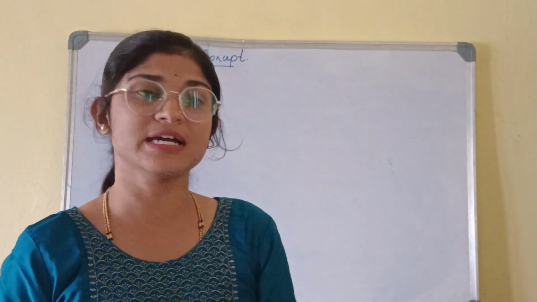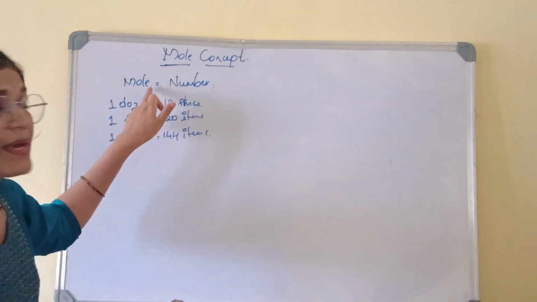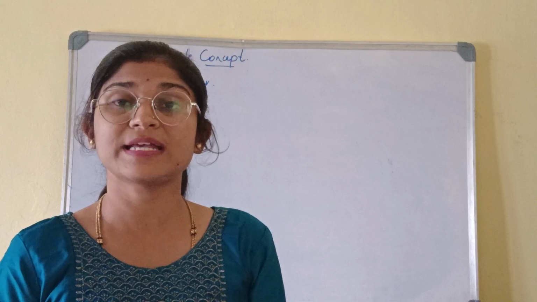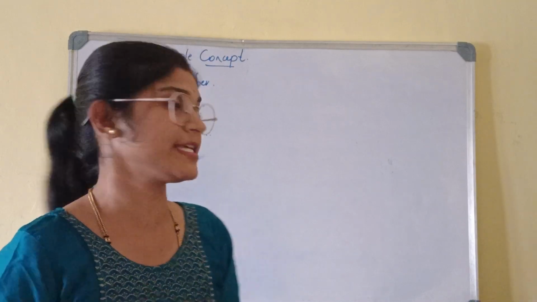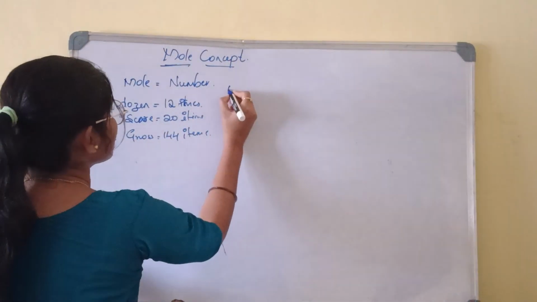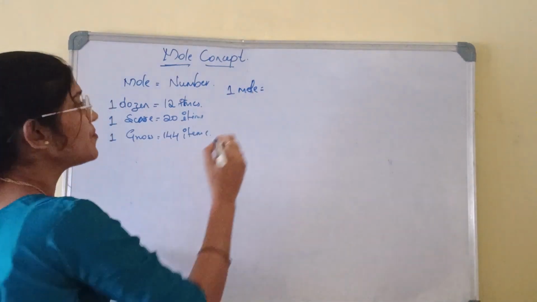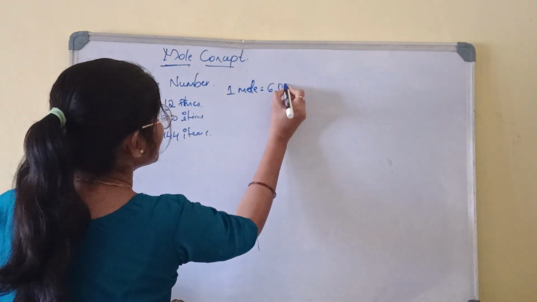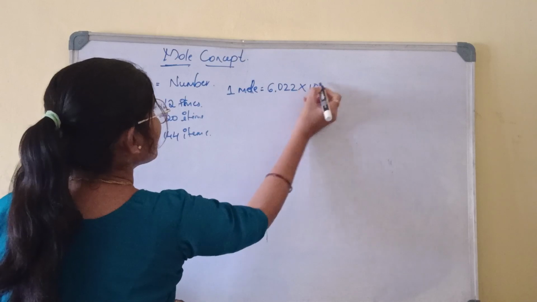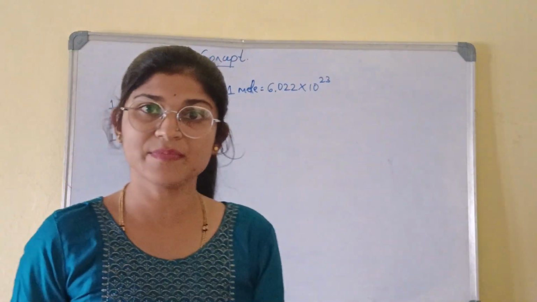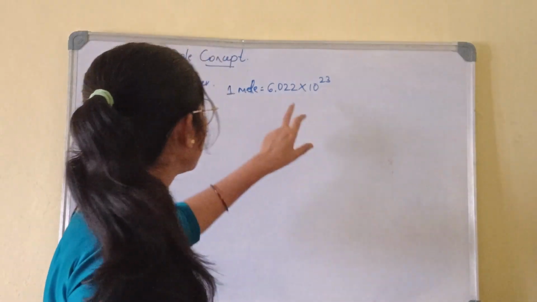It is a number which is used in chemistry to count the entities or particles present in an amount of substance. 1 mole is equal to 6.022 into 10 to the power 23. This is a big number we use in chemistry.